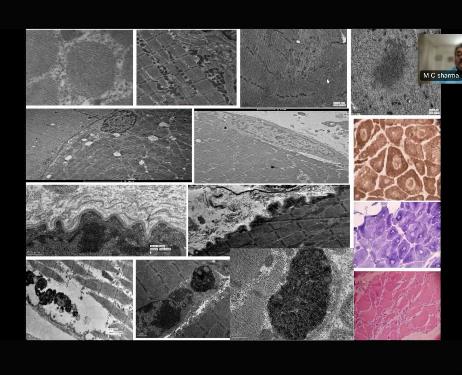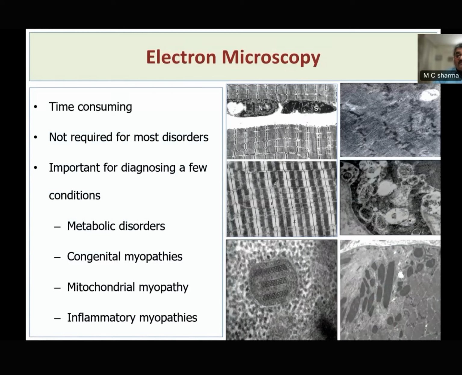So what I mean to say is that electron microscopy in isolation is of no use. We should apply everything in the muscle with the other techniques. Electron microscopy is very useful in metabolic disorders, congenital myopathy, mitochondrial myopathy, and nowadays some of the inflammatory myopathies, inclusion body myositis, and dermatomyositis.